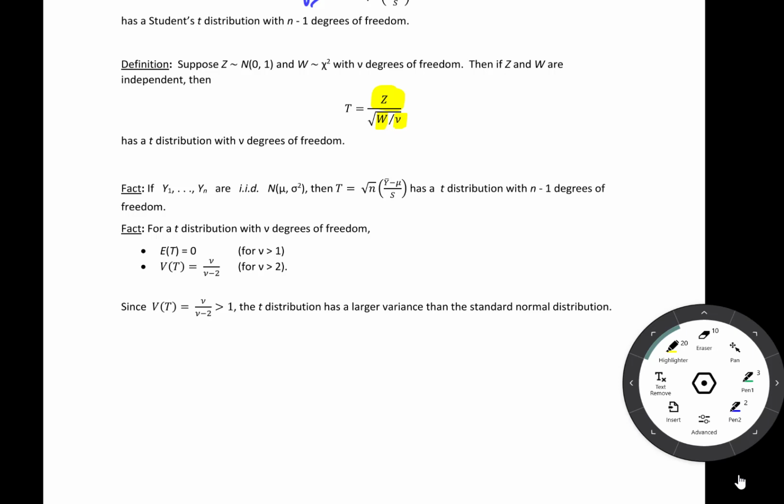For a t distribution with nu degrees of freedom, its expected value is equal to 0, which shouldn't be too surprising because it is constructed using a standard normal distribution, and standard normals are centered at 0. And then the variance is equal to nu divided by nu minus 2, which is going to be greater than 1, so the t distribution has a larger variance than the standard normal distribution.